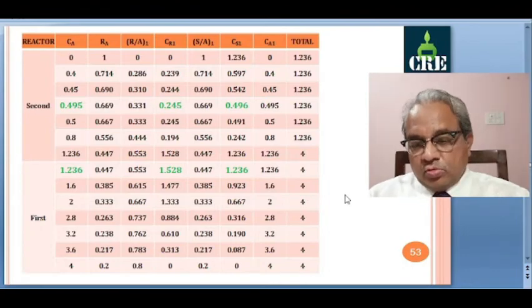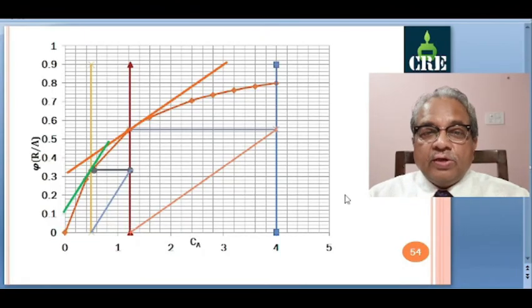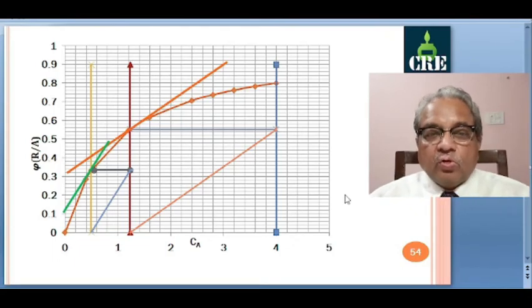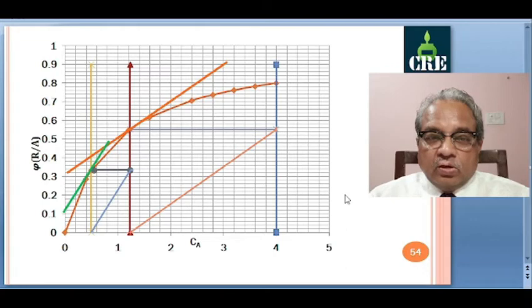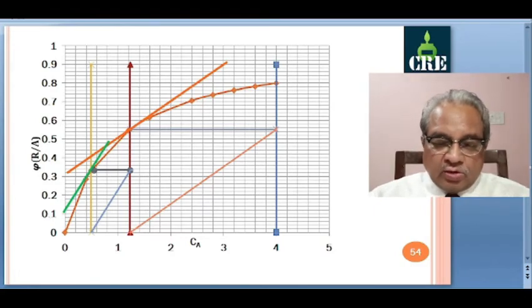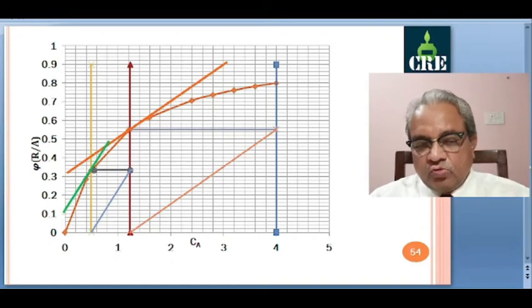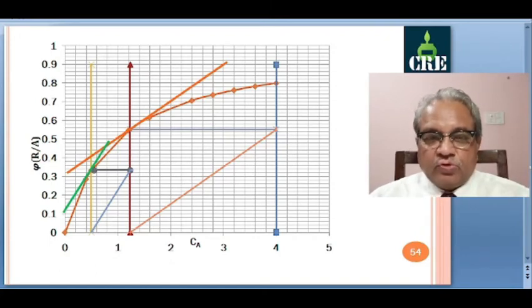So by locating the best point that you can do for this, here some practice and some trial and error required, but still you can get very good results or accurate results, and that you can always match by taking that derivative. So whichever method you find suitable for yourself, you can do it.